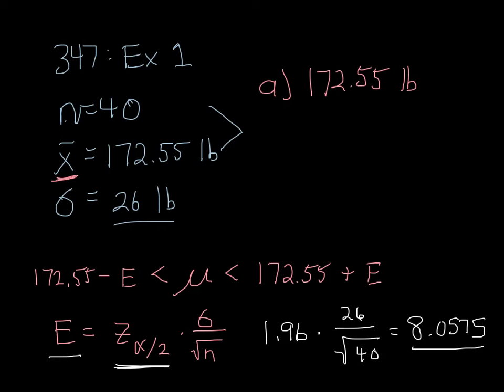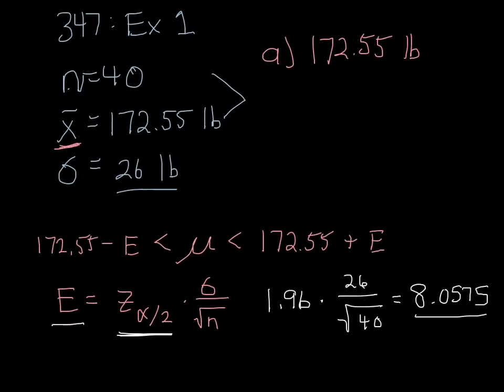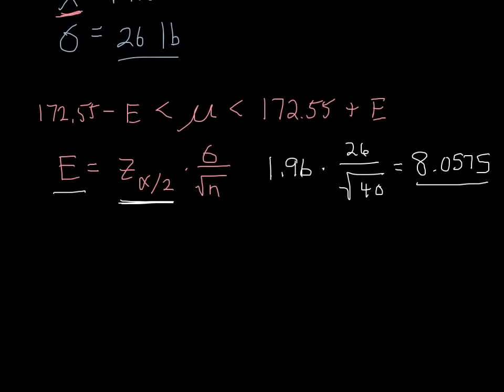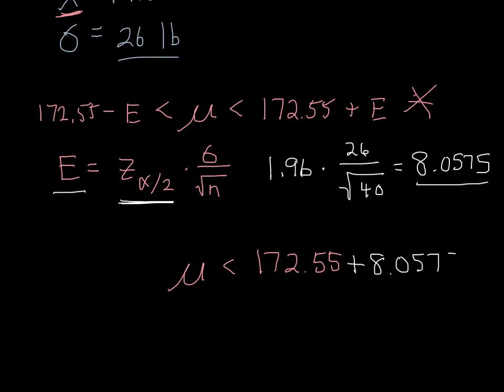So we're going to need to build our interval. And in order to build our interval, we'll go back to this equation. And we say that the population mean is between our sample mean plus our margin of error, 8.0575, and our sample mean minus our margin of error.